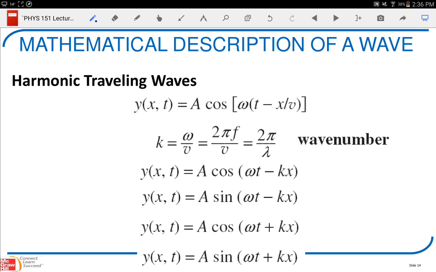For a sinusoidal wave, you can use either sine or cosine. Both of them are sinusoidal functions. They both give you the same shape. So the top equation shows the displacement as a function of position and time is equal to the amplitude, the maximum displacement, times cosine of the angular frequency multiplied by something that would be starting position.